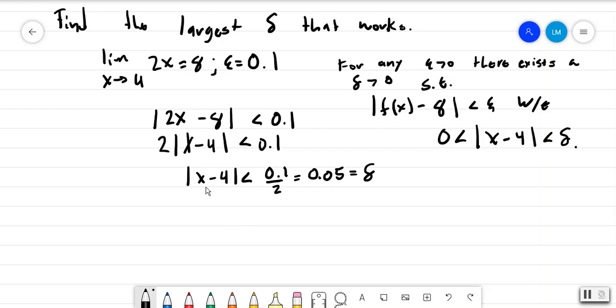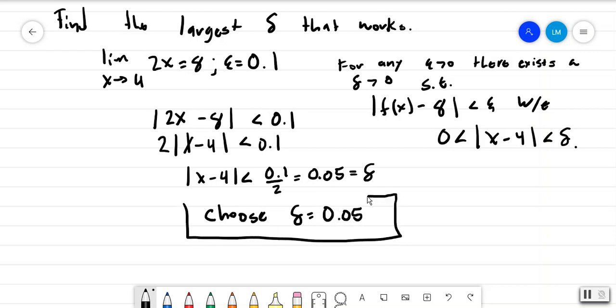So the fact that this looks just like that is no coincidence. In this case, we'll just say choose delta to equal 0.05, and that's it.